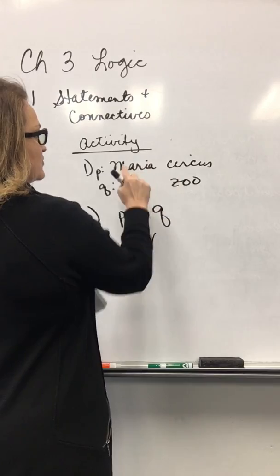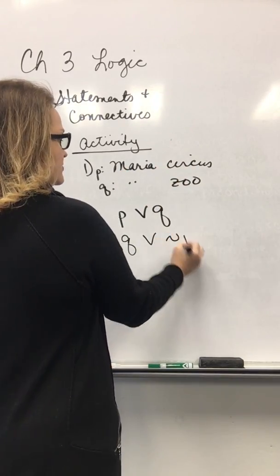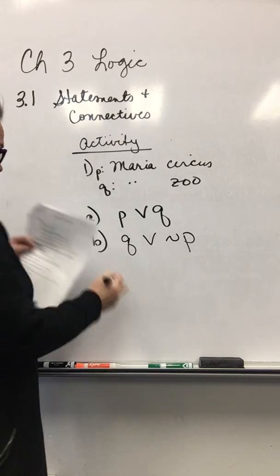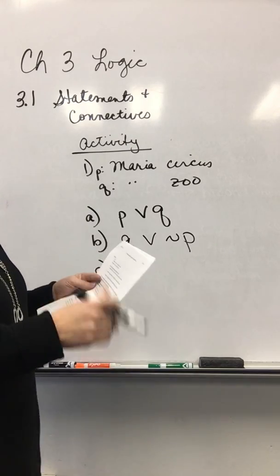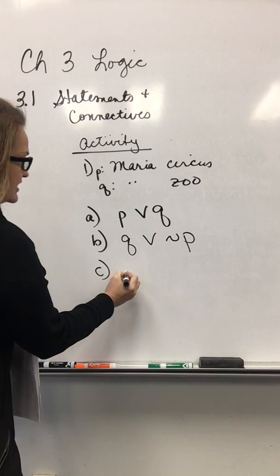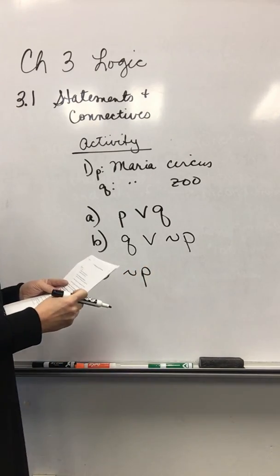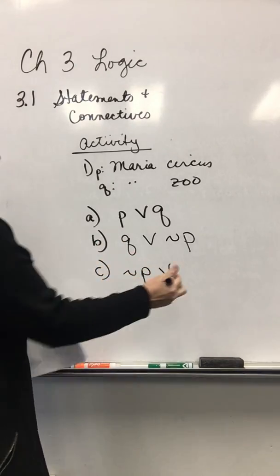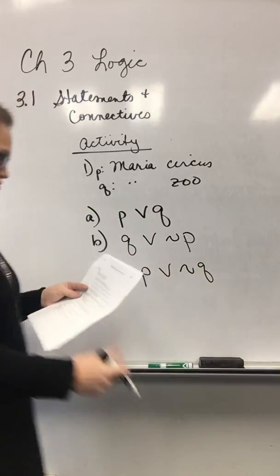So they negated Maria will not go to the circus. That will be not P. So that's how that one would look. C, Maria will not go to the circus, that's the negation of statement P, or, all these are ors, right, Maria will not go to the zoo, negation of Q. So that's how that would look.